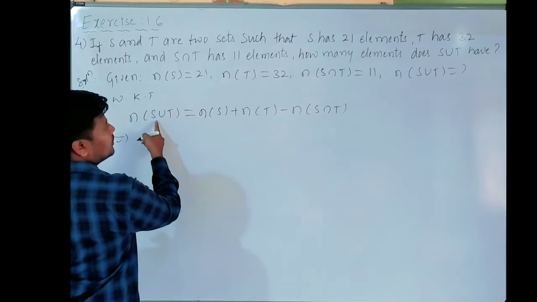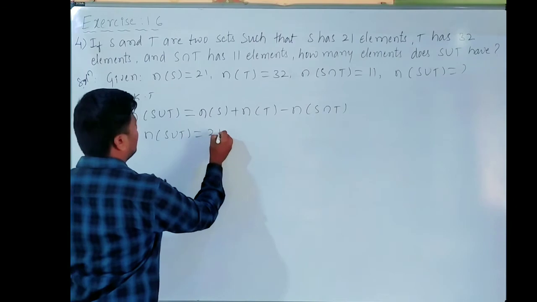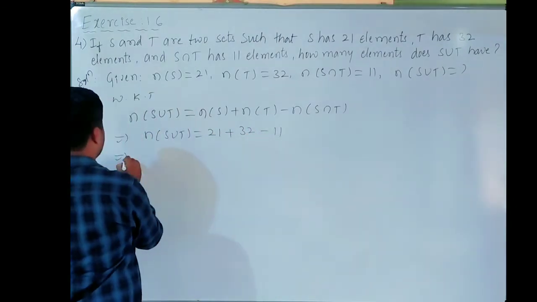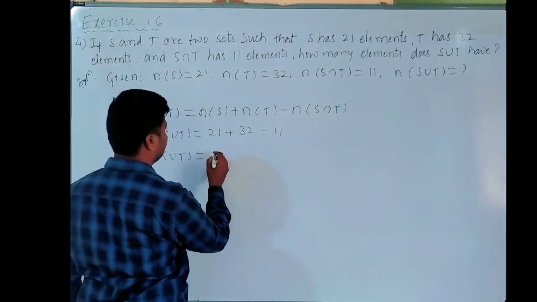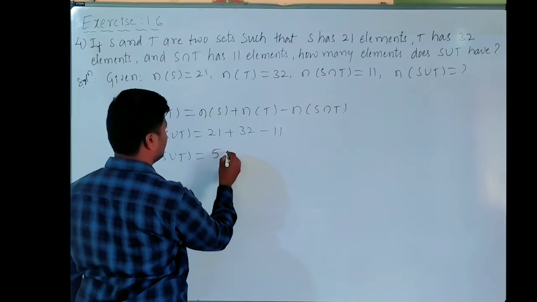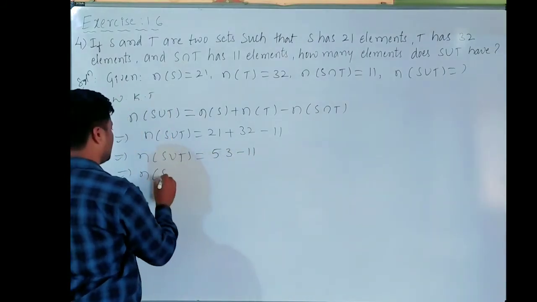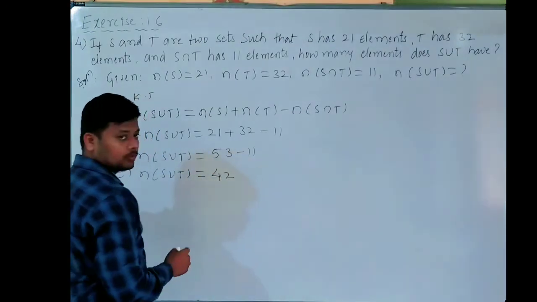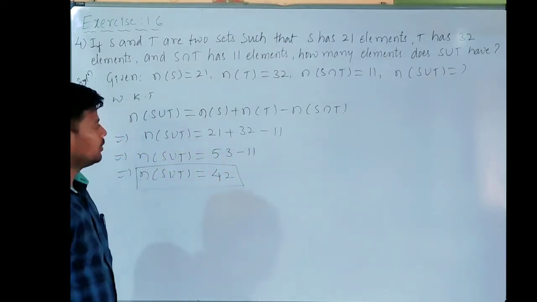Keep this as it is. n of S is 21 plus 32 minus 11. n of S union T equals 53 minus 11. This implies n of S union T equals 42. So the number of elements in S union T equals 42.